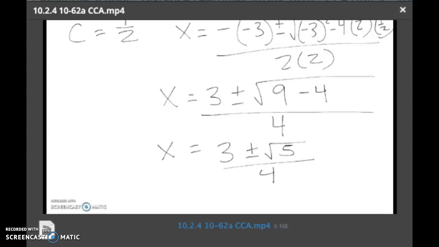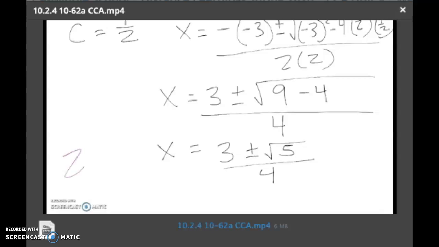Okay? And at this point, I don't know the square root of 5. It's not a perfect square. So this would be my exact answer. And I have 2 solutions in this case, right? Because I have 3 plus the square root of 5 divided by 4, and 3 minus the square root of 5 divided by 4.